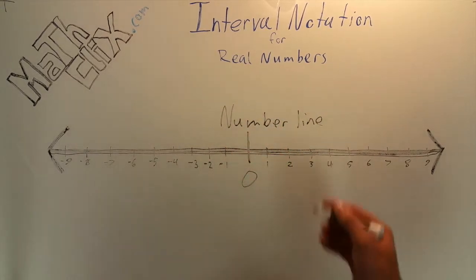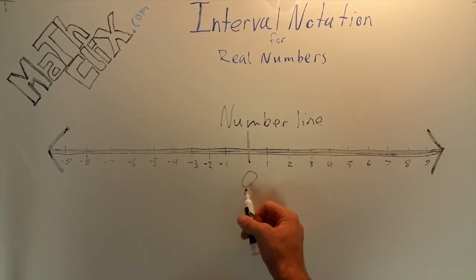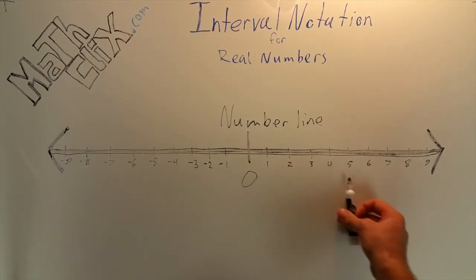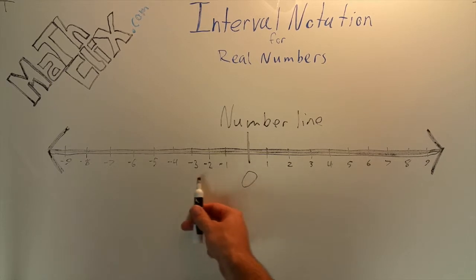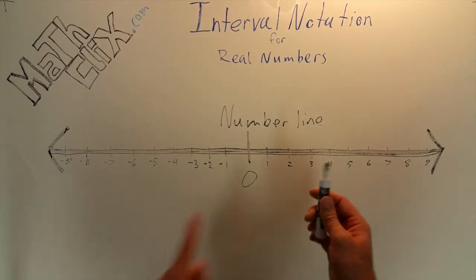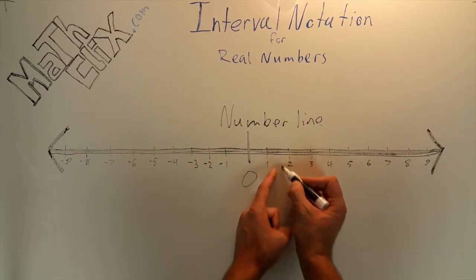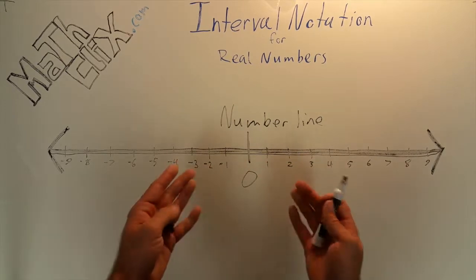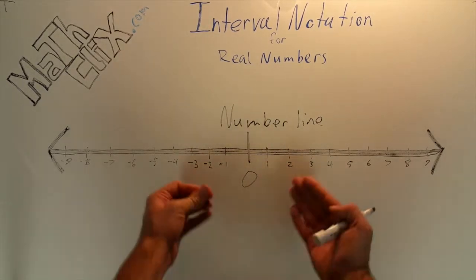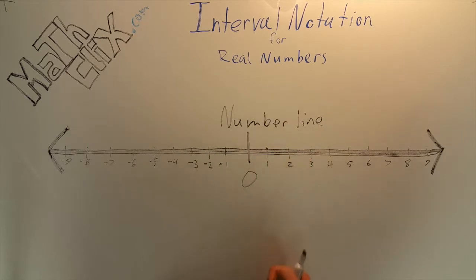So, the number line includes 0, the positive whole numbers, the negative whole numbers, and even all the stuff in between the whole numbers. So, all of the real numbers.